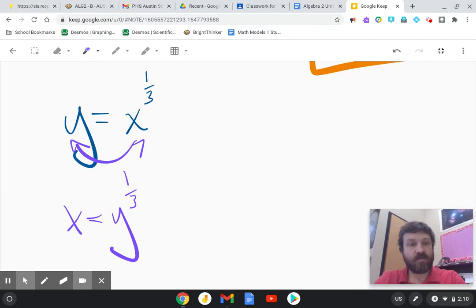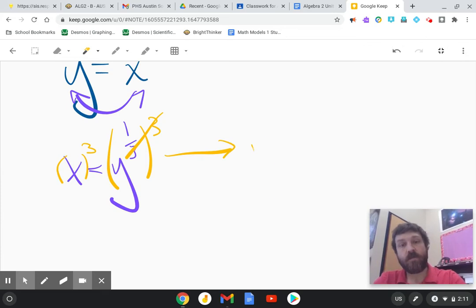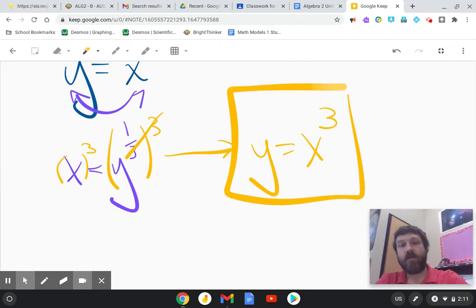So if I have x equals y to the 1/3 power, I need to get rid of the 1/3 because I need y to be by itself. In order to do that, I'm going to take both sides of the equation and raise it to the reciprocal power. So we know that 1/3 to the third is going to cancel out those 3's, leaving me with y equals x to the third. And that would be the solution to that.